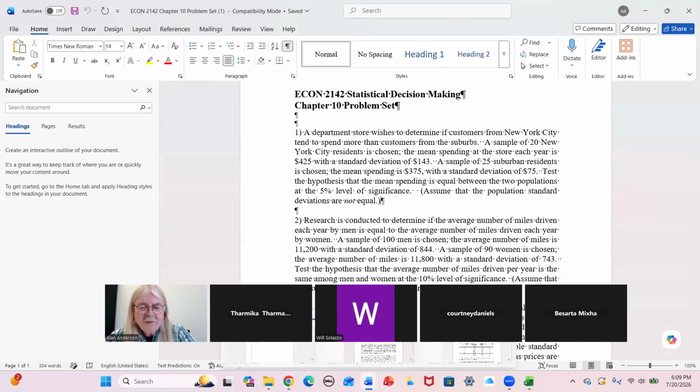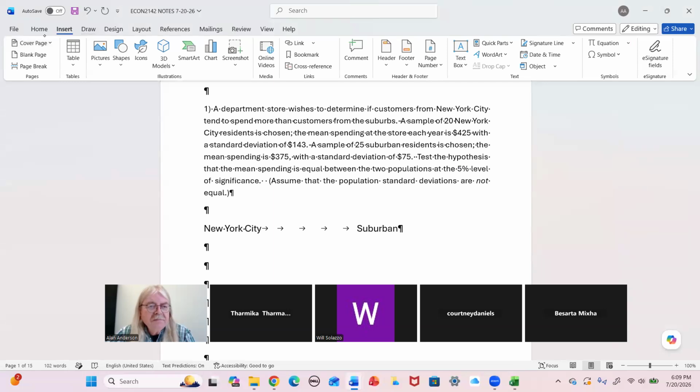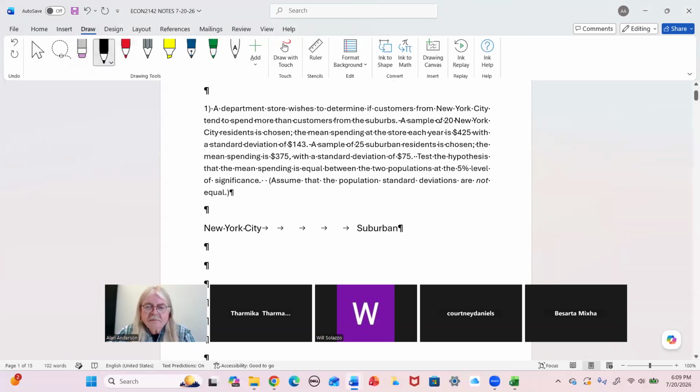So first things first, we gather up all the data. We can arbitrarily choose New York City customers to be the first population and the suburban customers to be the second. It doesn't make any difference which is which. And then we can go in here and get the data we need. Let's say, what do we need to know? New York City, the sample size is 20.